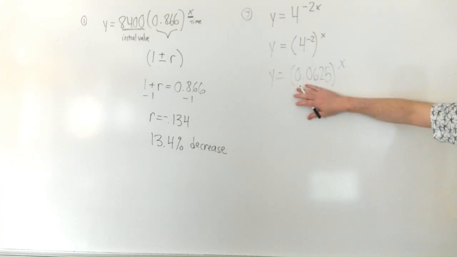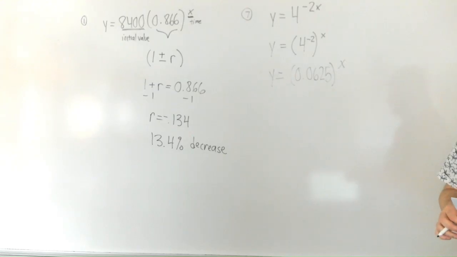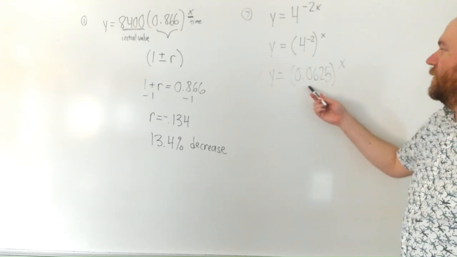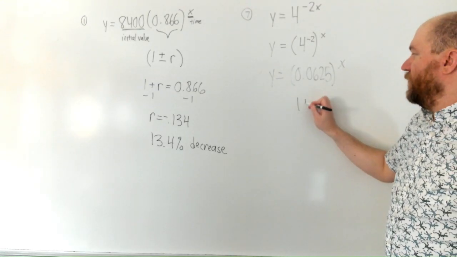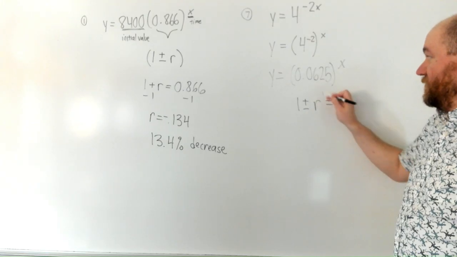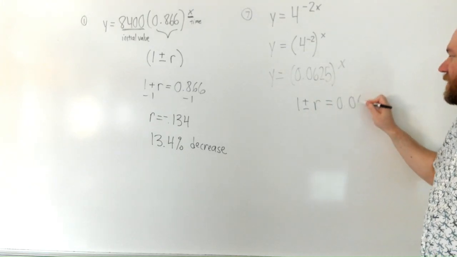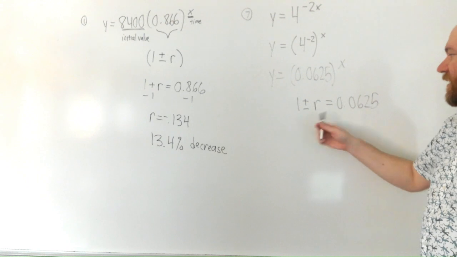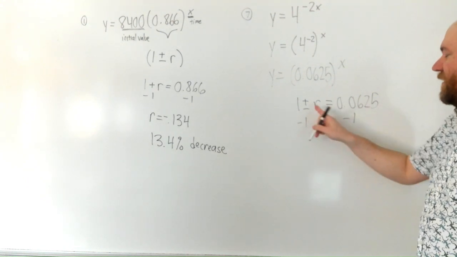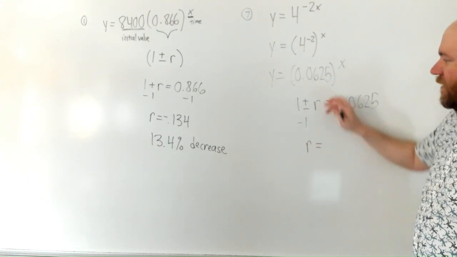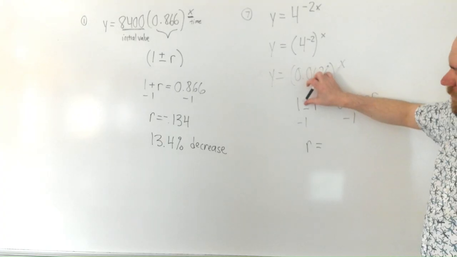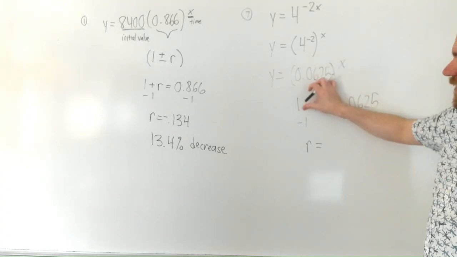The question is asking, what is the rate of decay? Well, it's 1 plus or minus the rate. Turned out to be that number. And when I subtract both sides by 1 to get the rate, I'm going to change this to be just minus because we know it was decay.